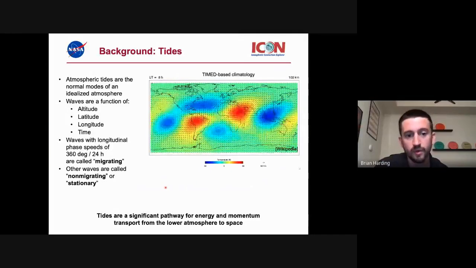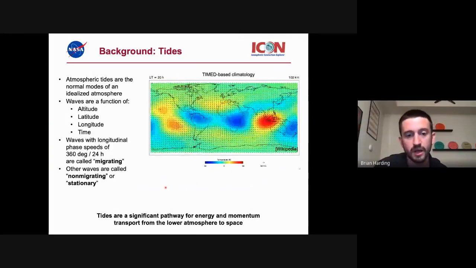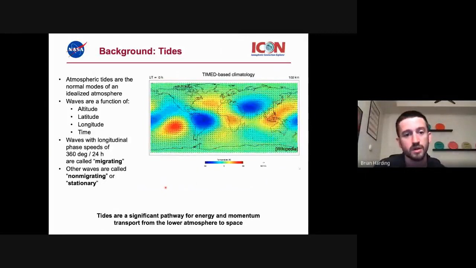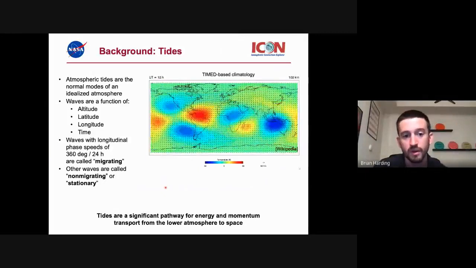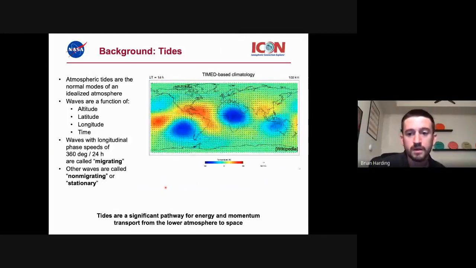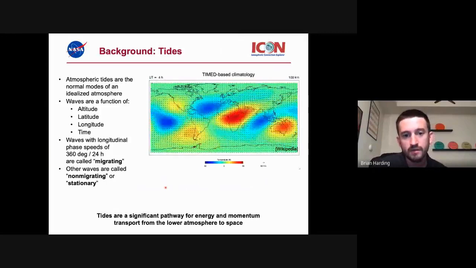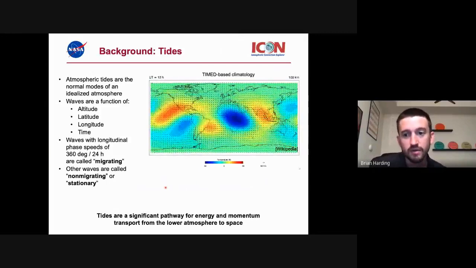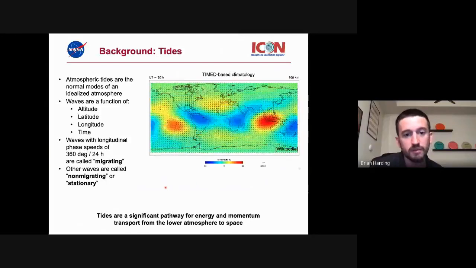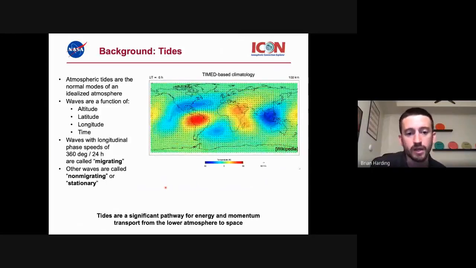Other waves we call non-migrating or stationary, and they have to be due to other influences, either tide-tide interactions or influences from below, like meteorological influences. The point here is that even though not every variation we see is tidal, if you can get the tides right, you can understand a significant part of the energy and momentum coming up from below.